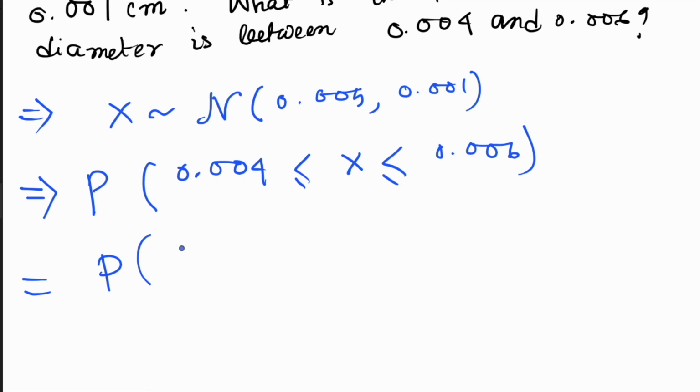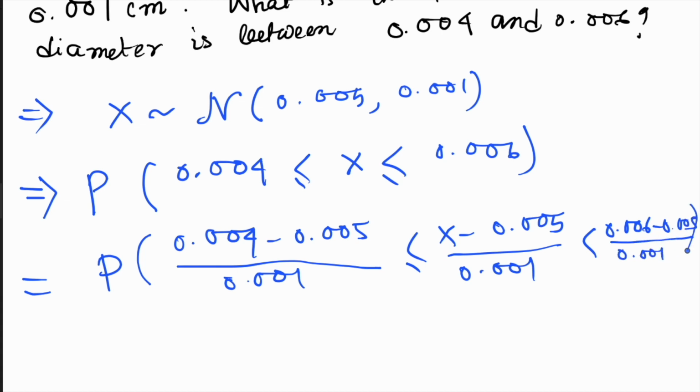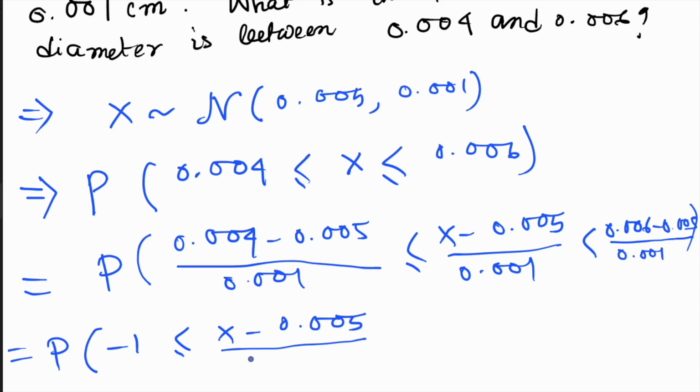So this means 0.004 minus 0.005 divided by 0.001 is minus 1, less than or equal to (x minus 0.005) by 0.001, less than or equal to (0.006 minus 0.005) by 0.001, which is 1.